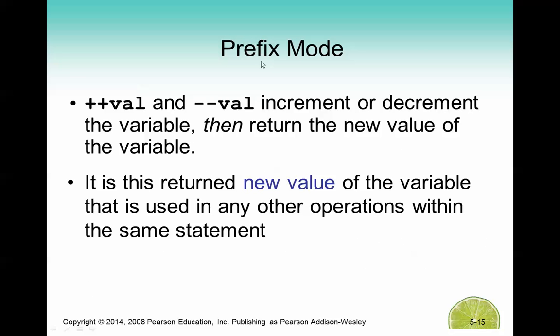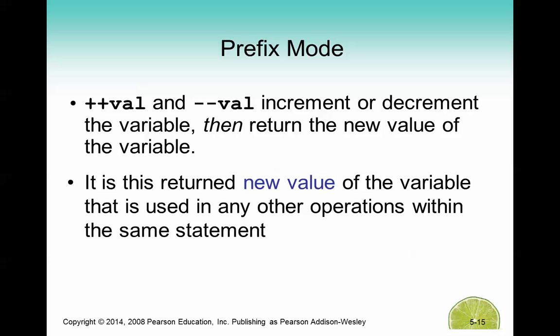When I use prefix mode, that means I'm going to increment or decrement the variable before I use it, before I return the value. So it's going to be added, and then the new value is the one that is going to be used. We need to keep this in mind.